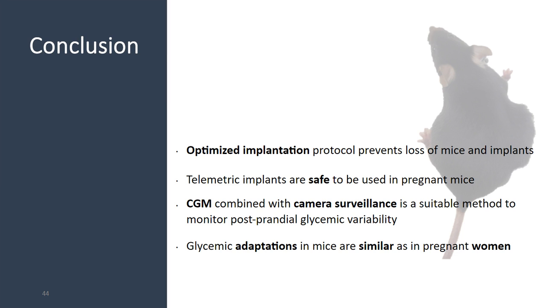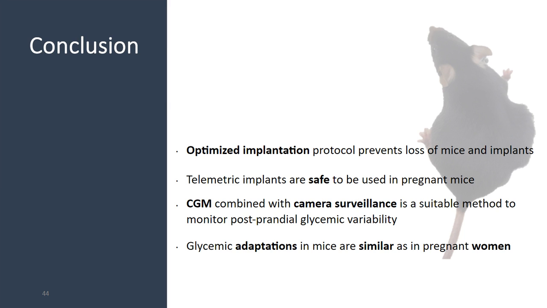Okay, so now I would like to go over some conclusions from this presentation. So first of all, we have optimized the implantation protocol, and this prevents the loss of mice, but also of the implants. Besides that, we have shown that telemetric implants are safe to be used in pregnant mice, and we used continuous glucose monitoring to describe the glycemic adaptations in a lot of detail.